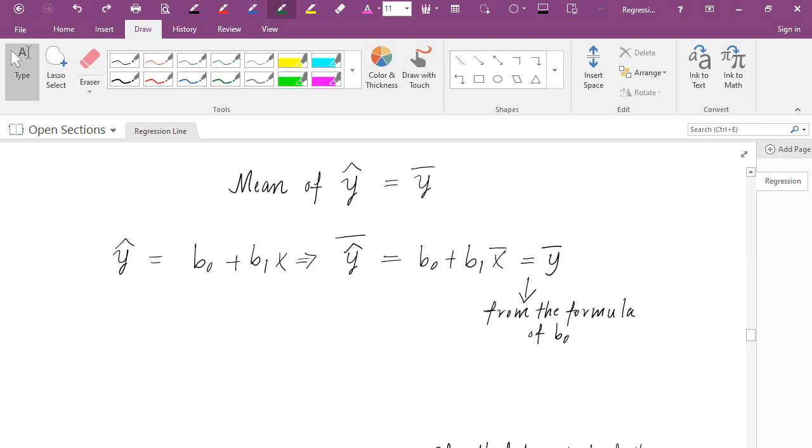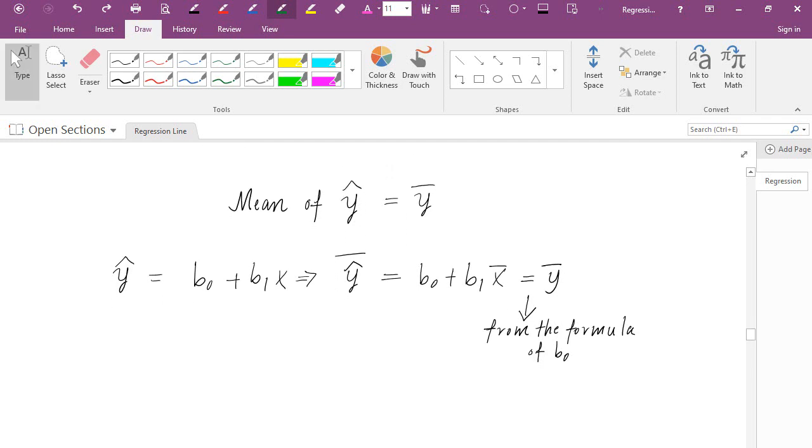I want to point out that y bar here denotes the mean of y, the response variable, and what I want to show here is that the mean of y hat is also the same as y bar.